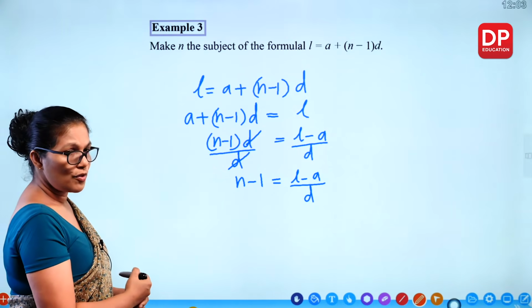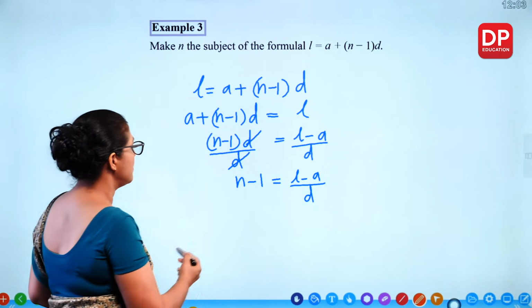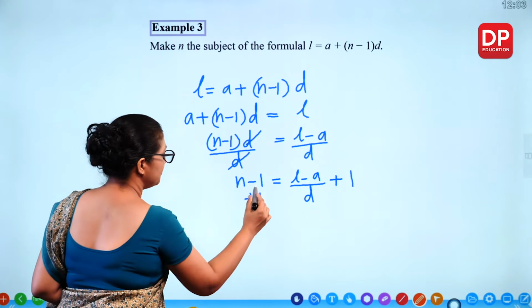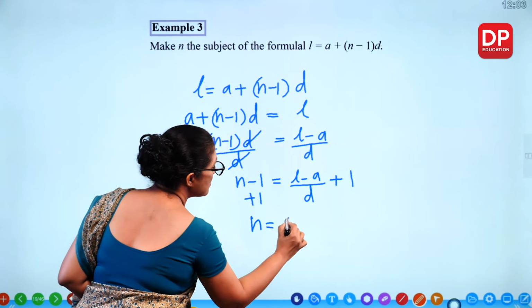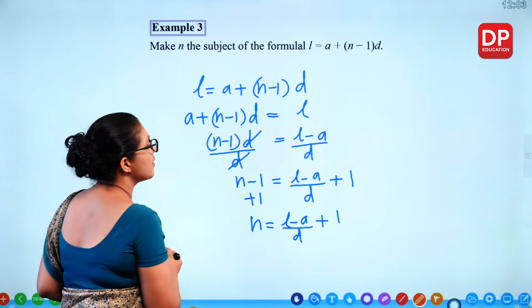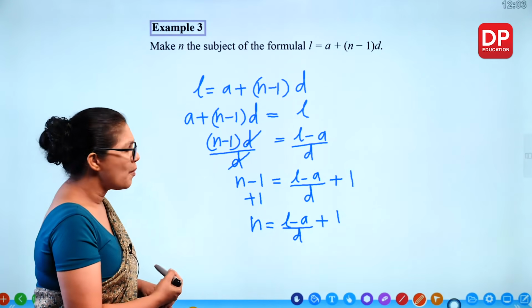Now, how do you get rid of minus 1? Add 1 to both sides. N equals L minus A over D plus 1. We'll keep the same denominator.